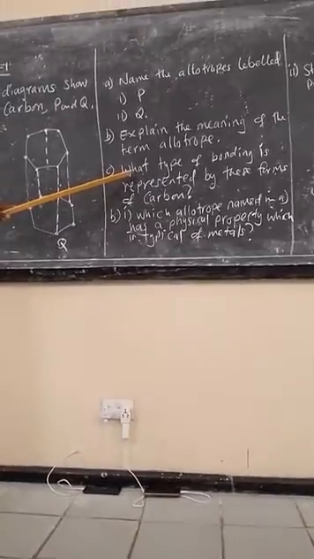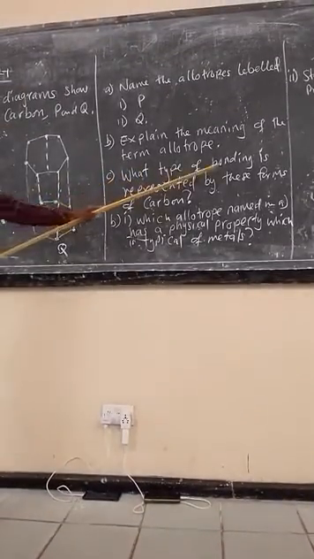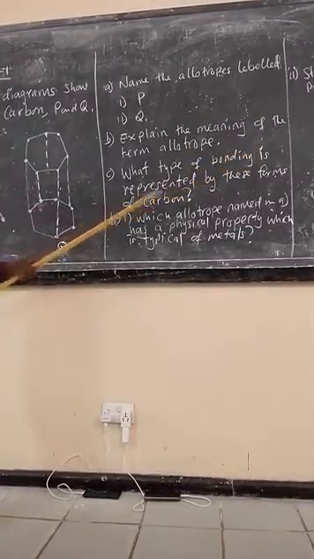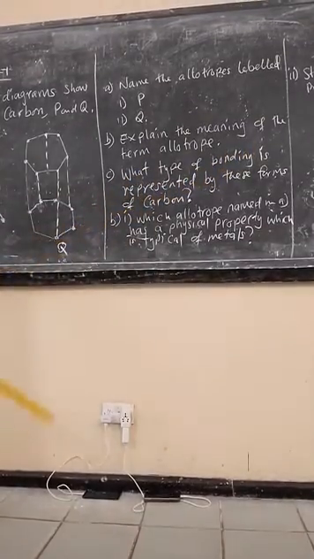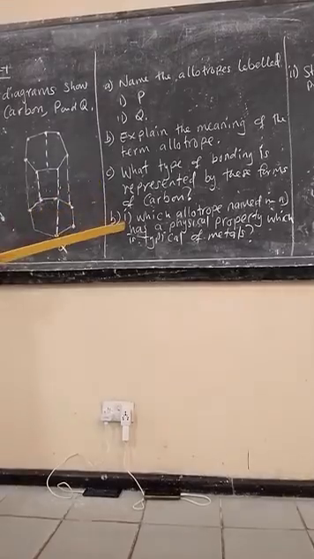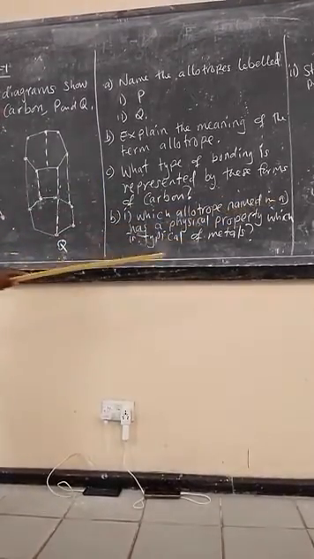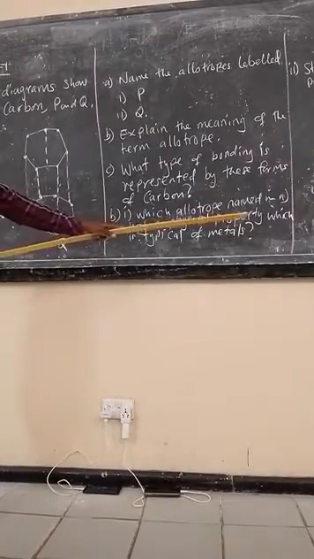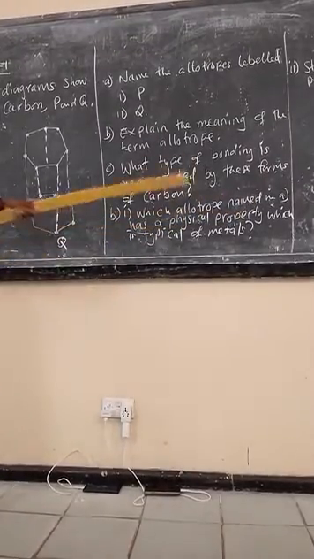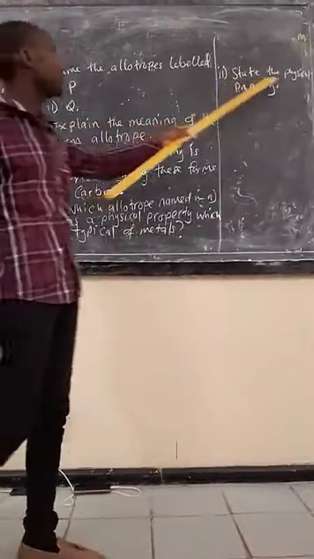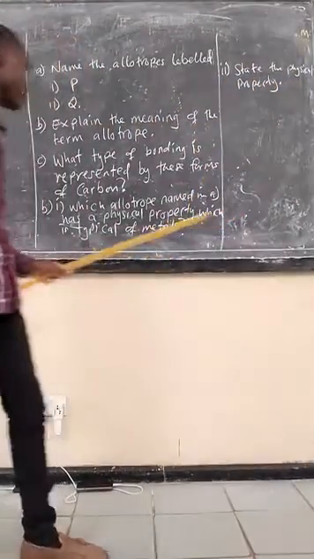Then C, what type of bonding is represented by these forms of carbon? Then D, which allotrope named in A has a physical property which is typical of metals? The last question now is state the physical property.